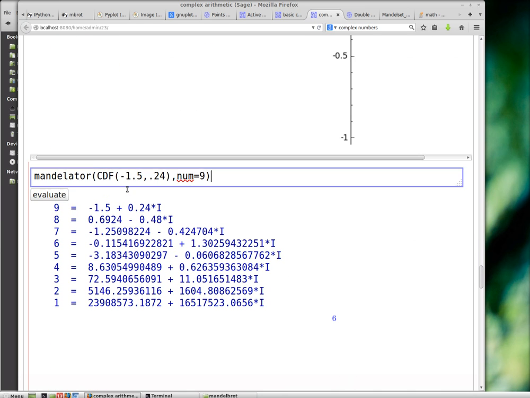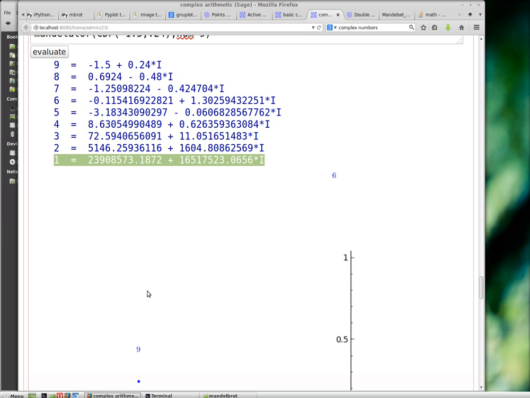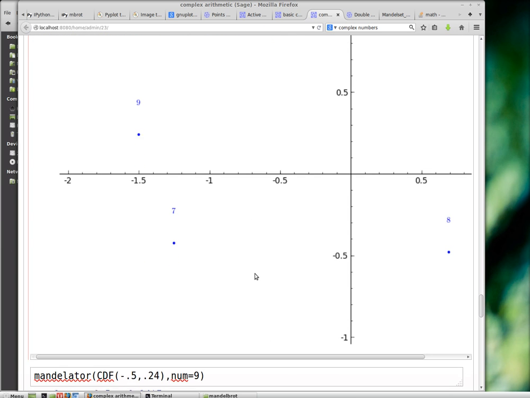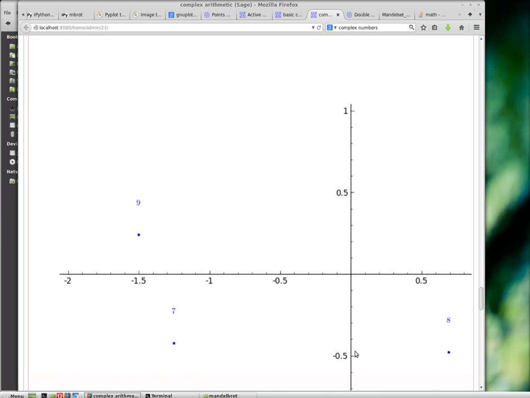So let's consider another number which is not in the Mandelbrot set. It's this complex number with real part -3/2 and imaginary part about a quarter. So here everything's going well, but then it starts to really blow up and get out of control. So remember, these things count down, and it starts with 9.